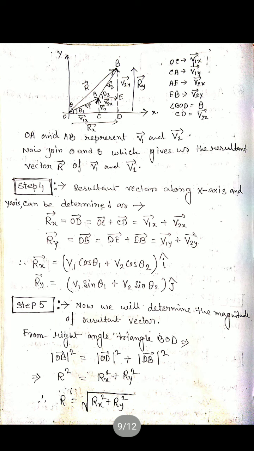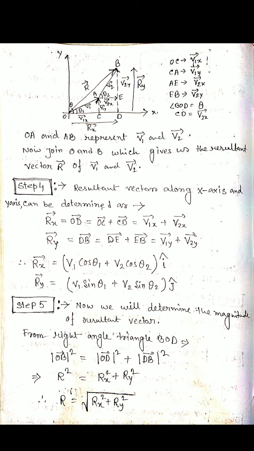CD represents the v2x vector, and BE represents v2y, okay. So the two diagrams are combined into one. Clear this vector? Okay, now here I will also draw this diagram.